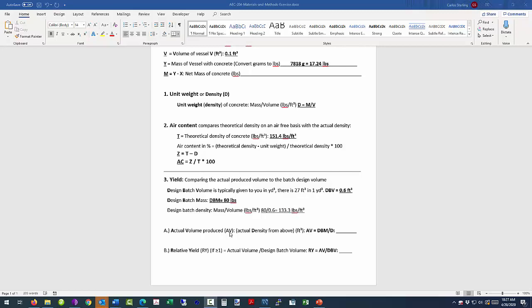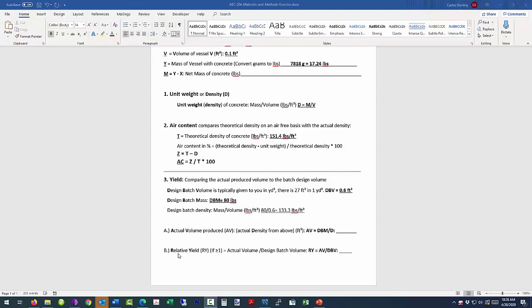What we're going to do is get the actual volume produced, AV. We're going to use the density from above, this one here. AV equals design batch mass, which is this one, divided by density, which is the result you got here. That gives you that solution.